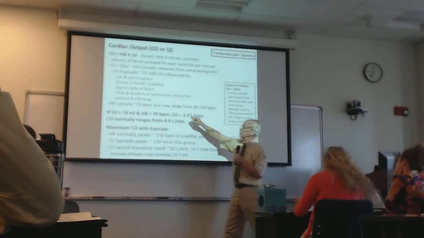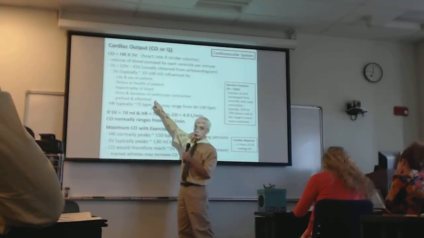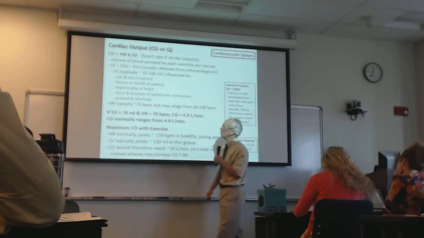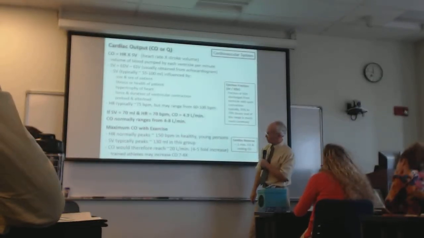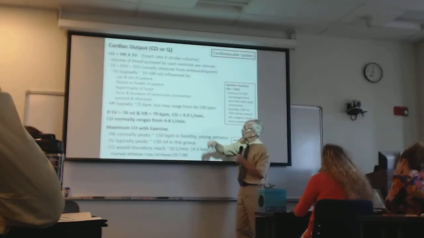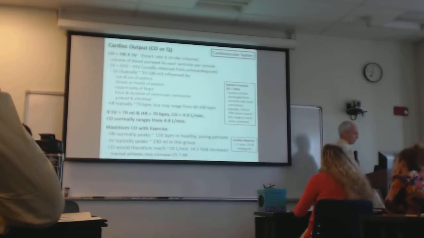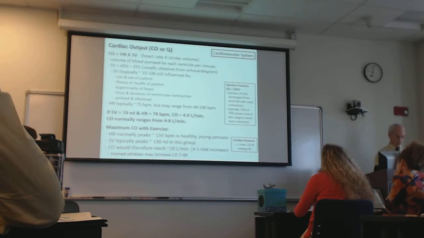We're going to talk about preload and afterload, and whether the heart responds to preload and afterload properly. And then the heart rate: I've indicated the typical rate is around 75 beats per minute. As we've indicated, it's normally anywhere from 60 to 100, independent of any type of exercise. With exercise, you can see that the heart rate can peak at around 150 in healthy young persons.